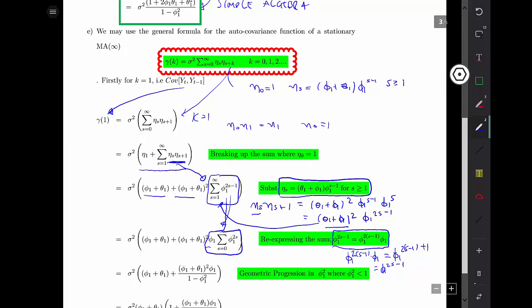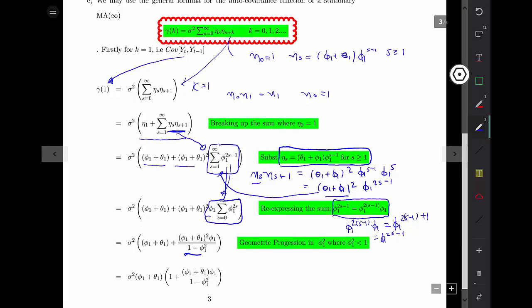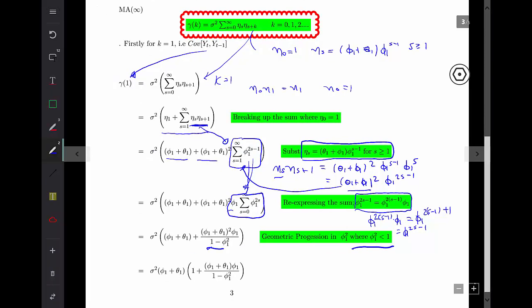Hence we can solve. This is just going to be 1 over 1 minus φ1 squared, which gets it down to here. Again, because we've assumed that |φ1| is less than 1, we're done. We can take the θ1 outside, and we have then the covariance at lag 1, which is what was seen in the question.